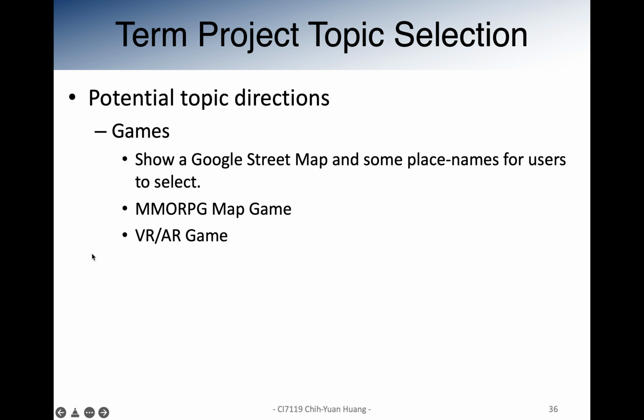Basically, you can use Google Street Map and show some place names for users to select. For example, you can show some famous landmarks and some multiple-choice questions for users to select and to count the scores.